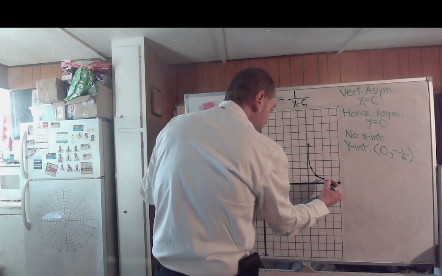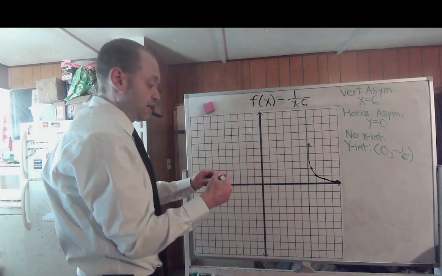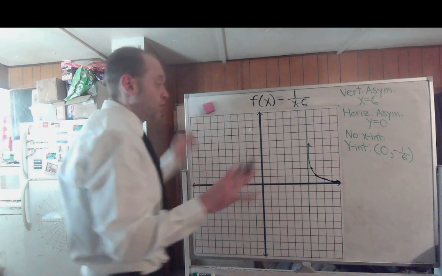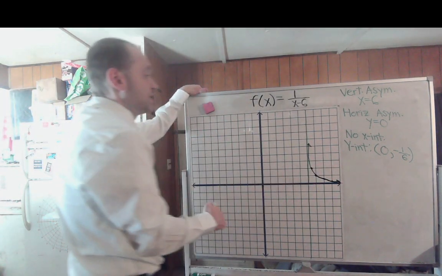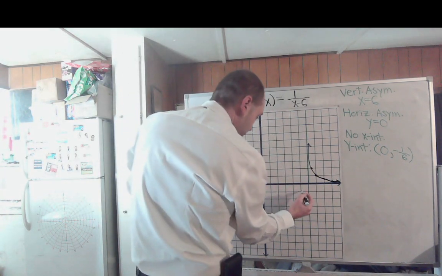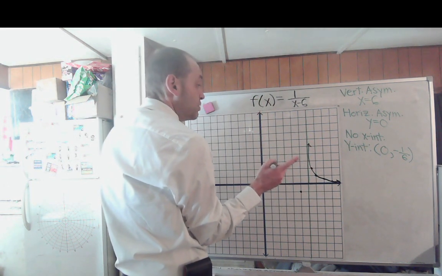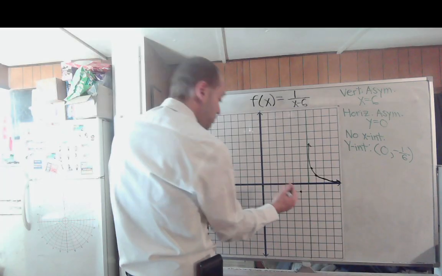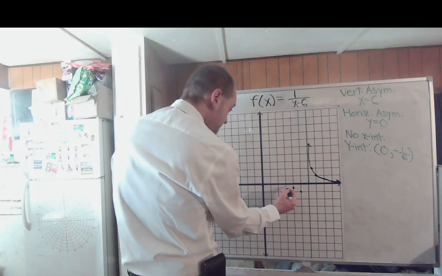So your graph is going to look something like this, with everything shifted over that many units. Now, everything's shifted to the right 6 units. Let's put in 5 for x. That would give you a y value of -1. If we put in 4, you would get -1/2. Put in 3, you would get -1/3.